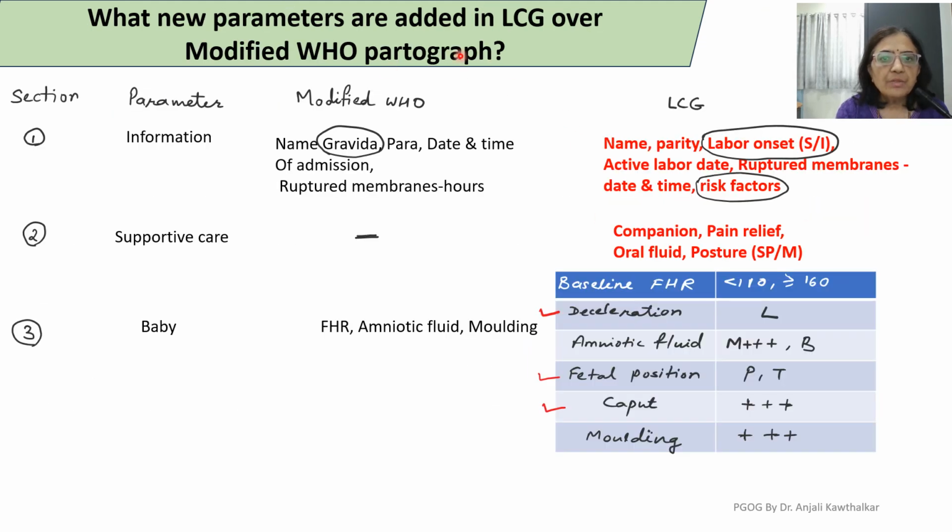What are the new parameters which are added in the LCG over the modified WHO partograph? If we go section by section, we can see that for information, gravida was included in the previous modified WHO partograph, which has been removed now.